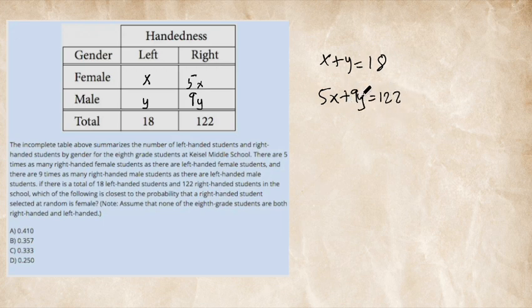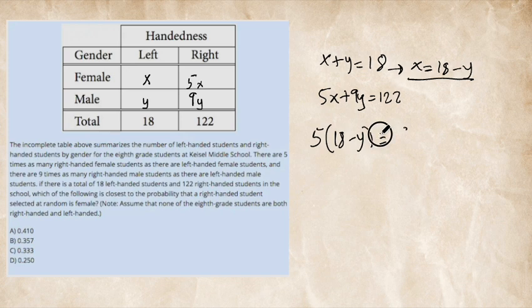So we just need to solve for x and y. So over here, we can say that x equals 18 minus y, right, from this one. And we can substitute this over here. So we can say 5 times 18 minus y, plus 9y, is equal to 122.